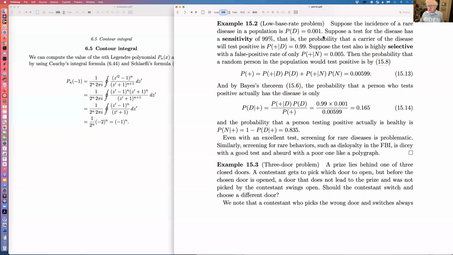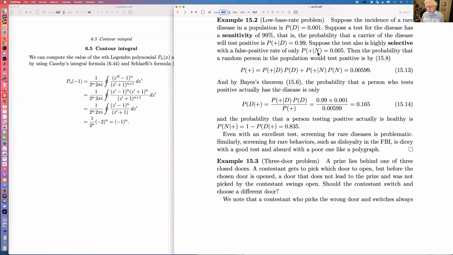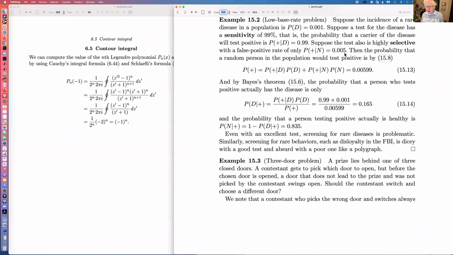And on the other hand, suppose you have a test for the disease that is 99% accurate. That is to say, the probability that a carrier of the disease will test positive, so given the disease, test positive, that's 0.99. And suppose it's highly selective, that is to say that you get a positive result for somebody who isn't infected is only 5 parts in 1,000.